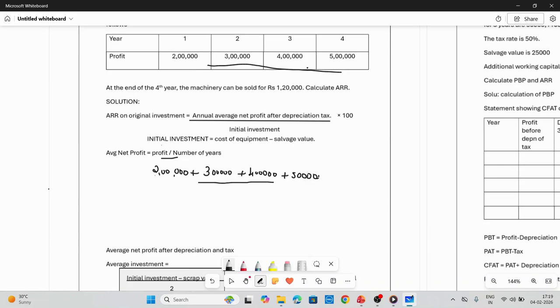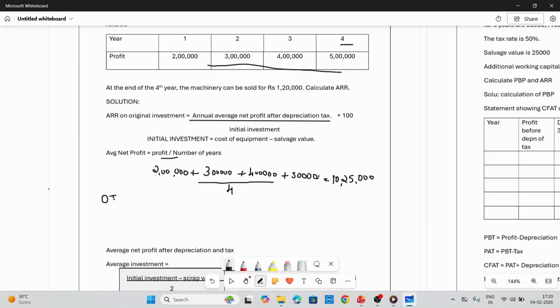What's the number of years? It's 4. So add these and divide by 4. The answer is 10 lakh 25,000.